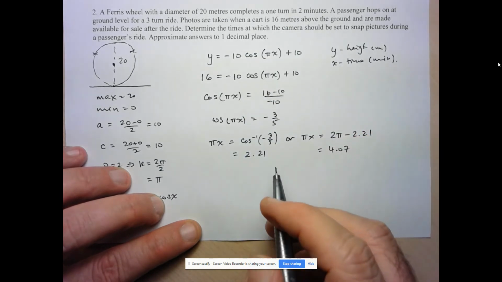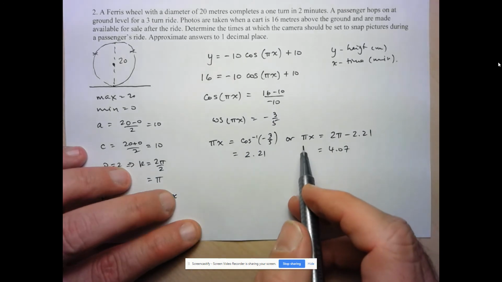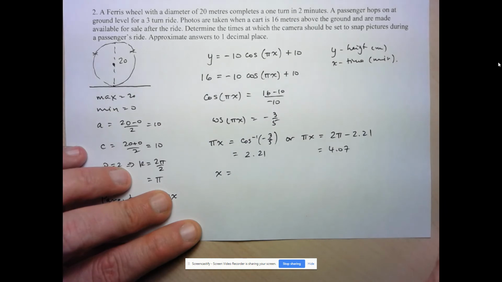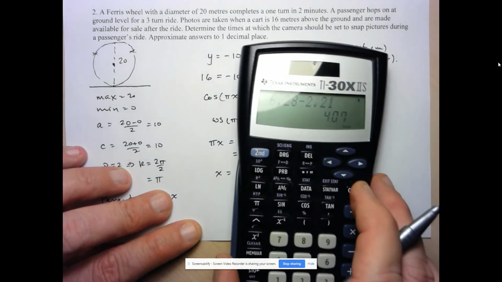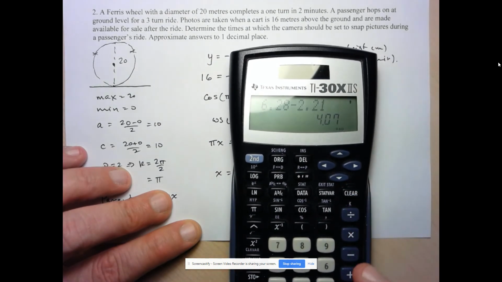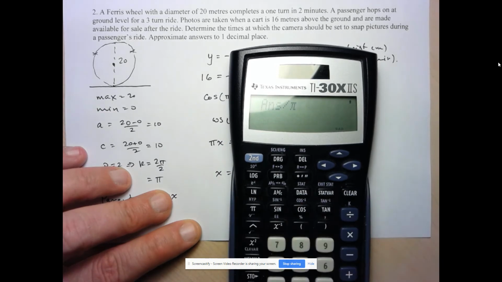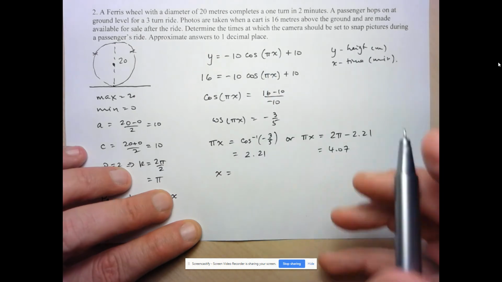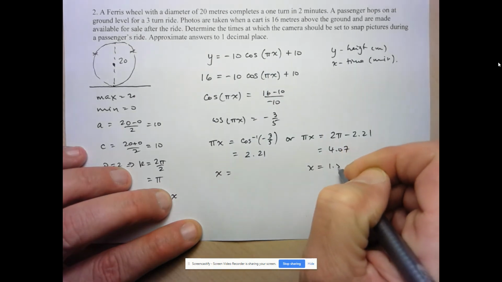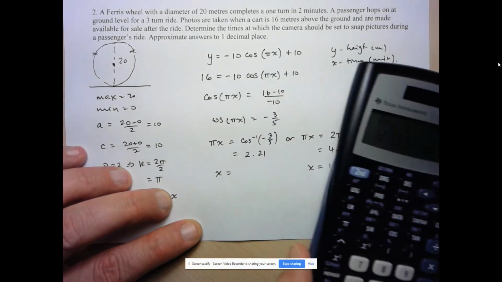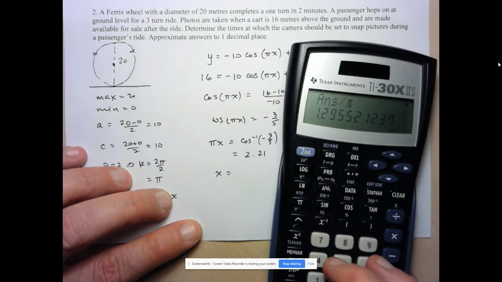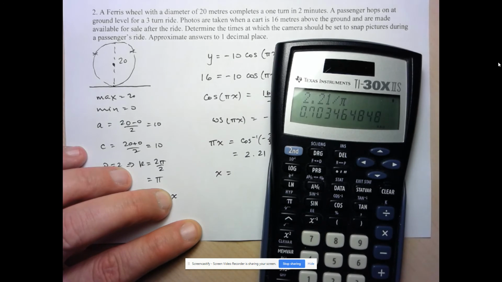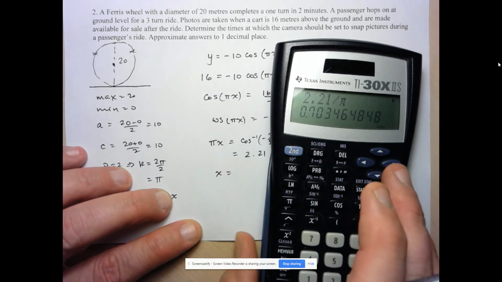The next step is to solve for x, which in this case we do by dividing both sides by pi. I'll do the second one first since I already have it on the calculator: that'll be about 1.3. So x equals 1.3. And then 2.21 divided by pi gives us about 0.7.